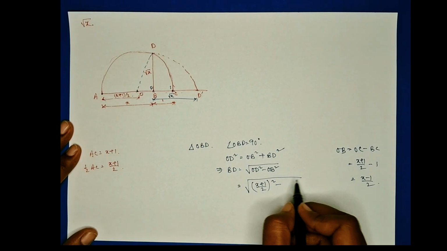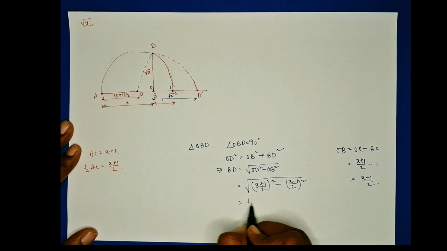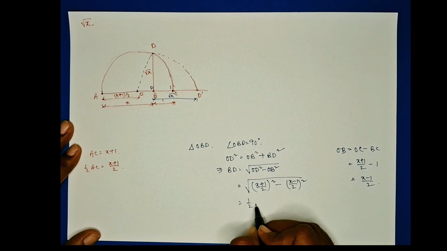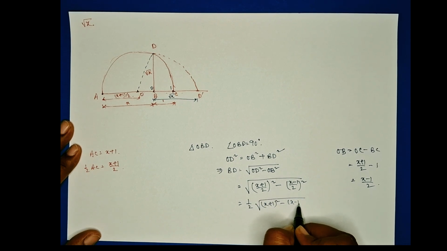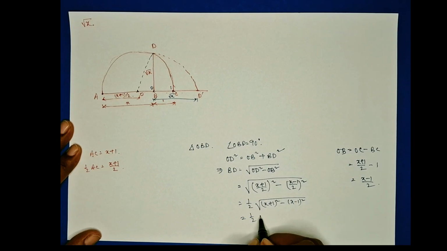See? So I am putting here (x minus 1) by 2, whole squared. So I have taken out 1 by 2 outside. This is (x plus 1) whole squared minus (x minus 1) whole squared, so half into square.